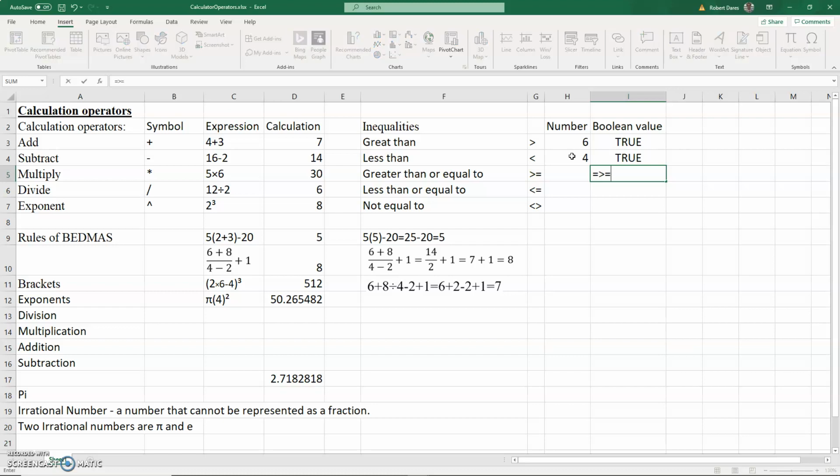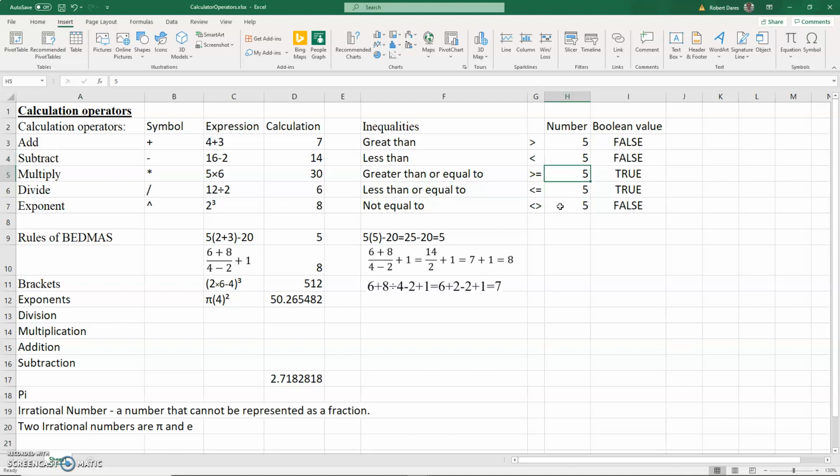Equal to, greater than or equal to 5, equal to this value here, less than or equal to 5, and this one is going to be equal to this cell, not equal to 5. So let's just take a look. If this number is greater or equal to 5, then it should return true. Let's just fill in 5 and see what happens.